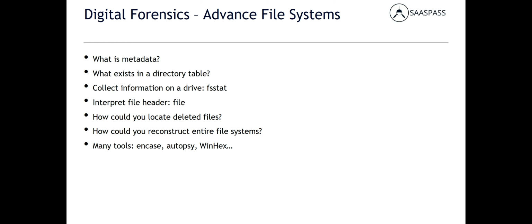Autopsy is the best of today's forensics tools, and it is open source. WinHex is also a commercial product. These programs know the structures of directory tables for different file systems, and they know the header types and structures for many standard file types.